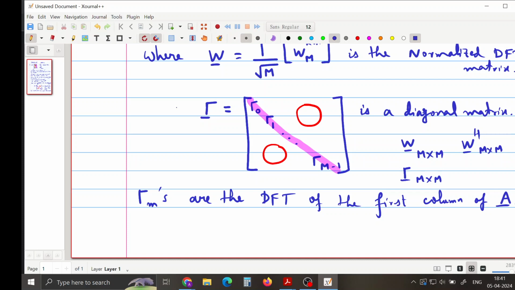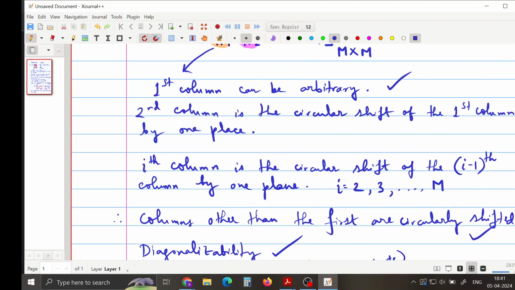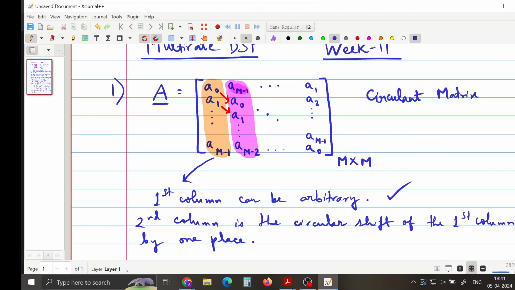So meaning that, okay, I'll go to the next page. Maybe I can write it here as well. So meaning that this gamma m is nothing but you're taking the DFT, right? So this AK is the kth, or rather the k plus 1th entry. So AK corresponds to the k plus 1th column, right?